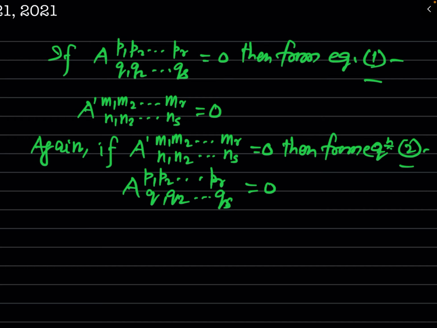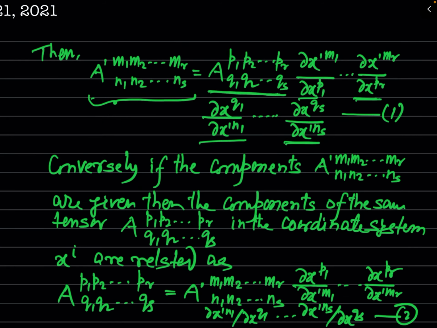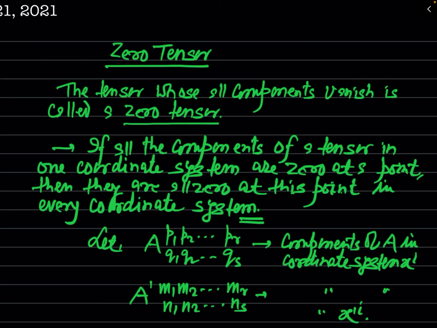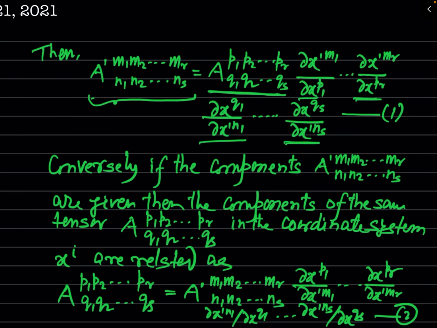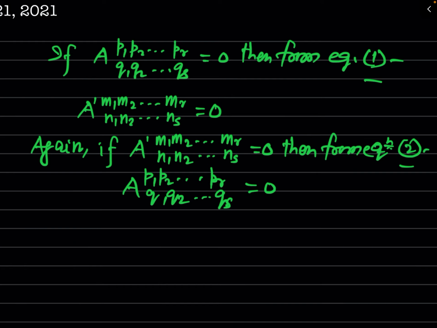So the statement which I have mentioned here, that if all the components of a tensor in one coordinate system are 0 at a point, then they are all 0 at this point in every coordinate system. So this statement or this theorem has been proved. Hence the theorem is proved.